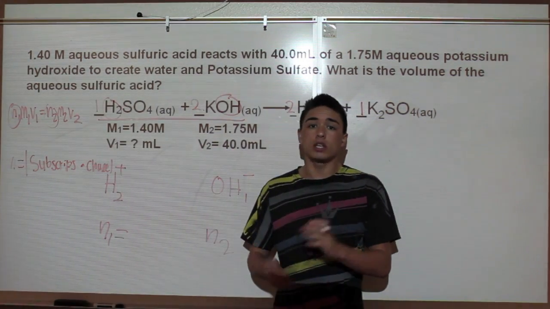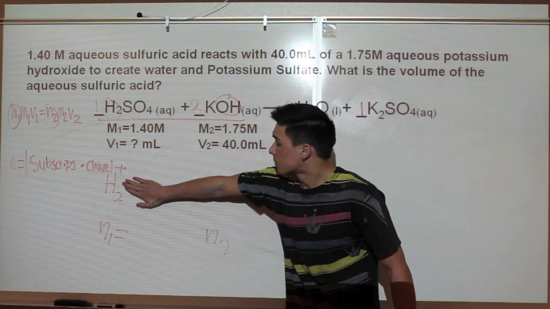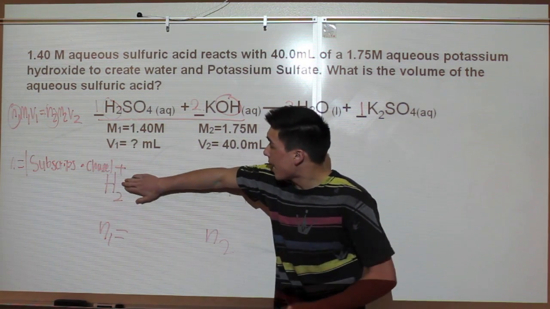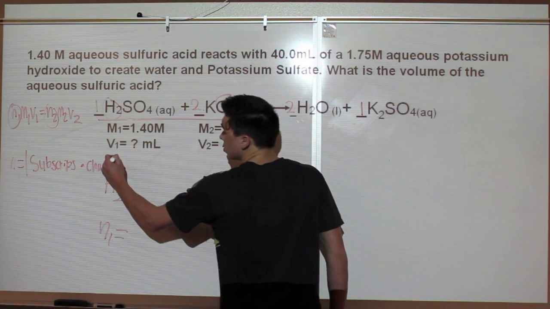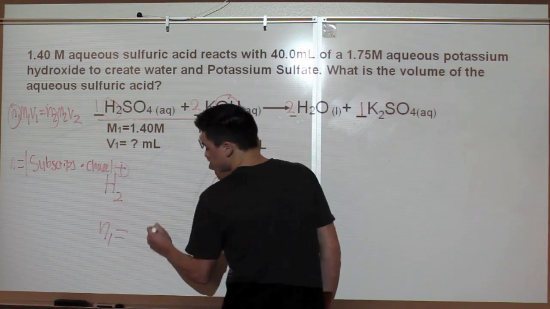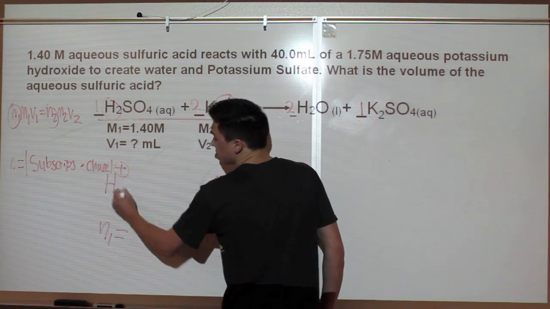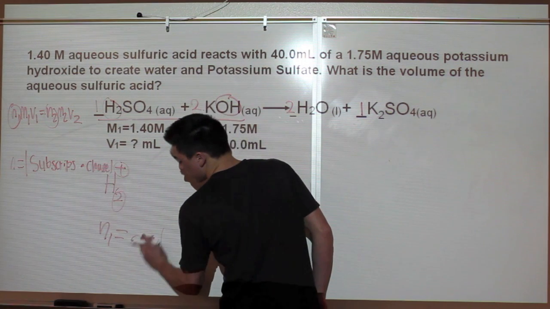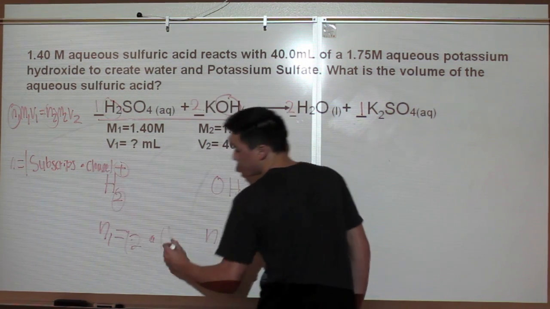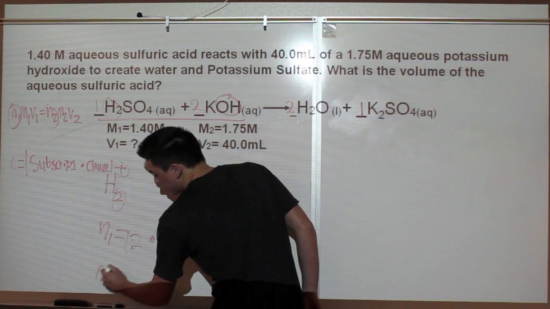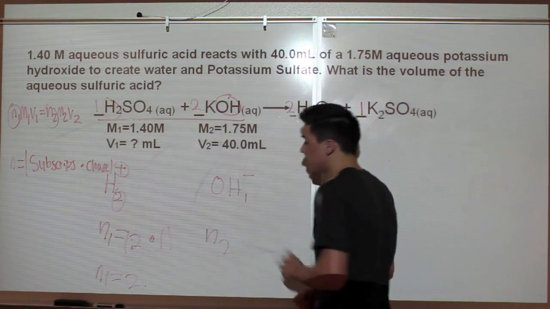Alright? So let's solve for N1. Hydrogen in sulfuric acid has a charge of 1 and a subscript of 2. If we plug this into the equation of N, we get that N1 equals 2. Okay?